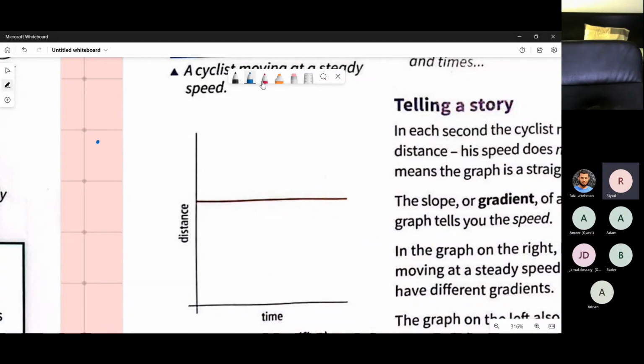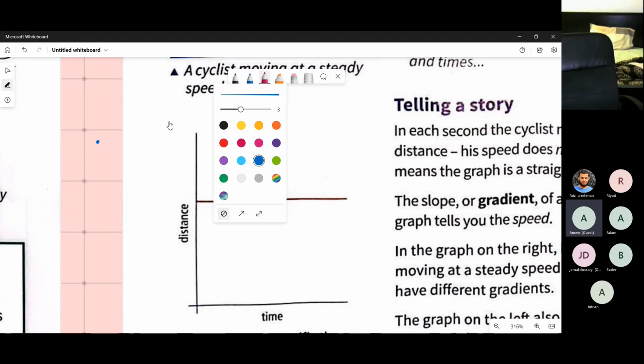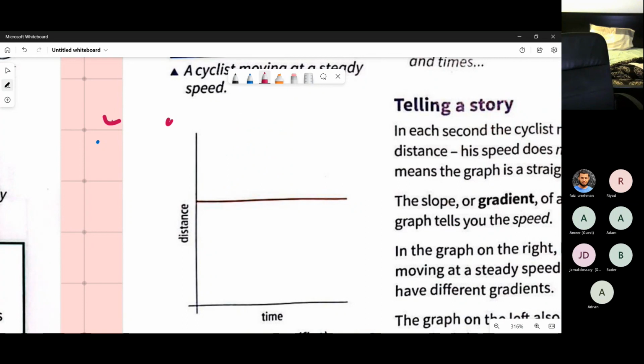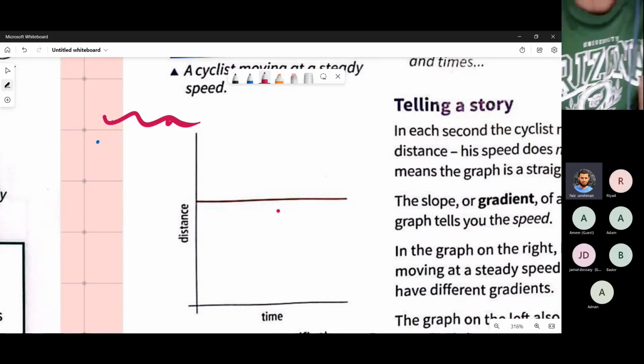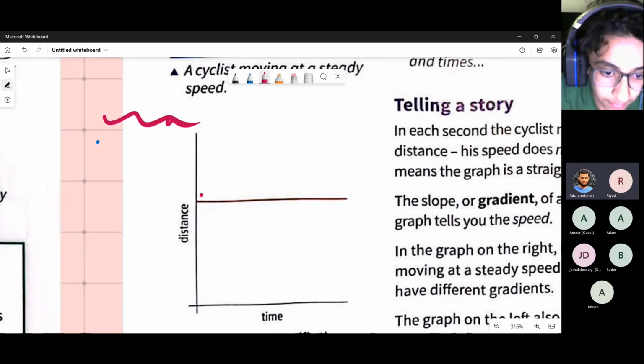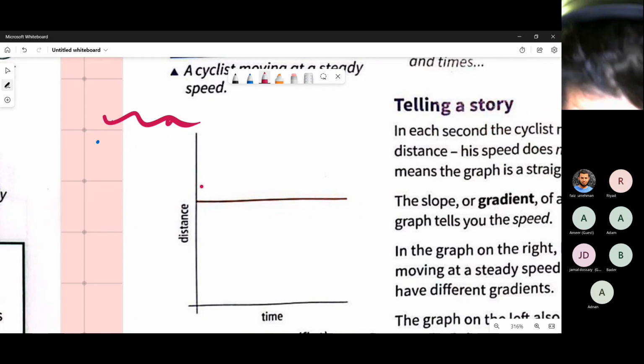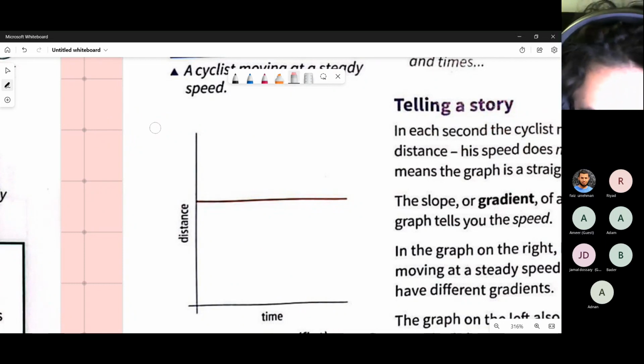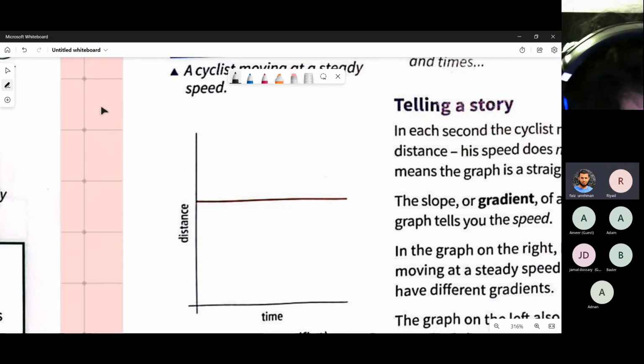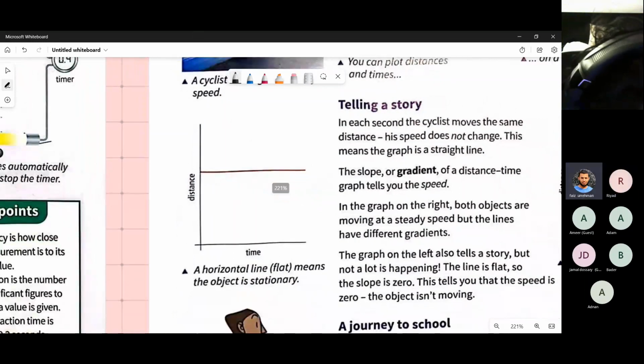This graph shows zero speed because there is no distance change. The distance is the same, but the time is going, and the object has stopped somewhere. That's at rest. The object is stationary.